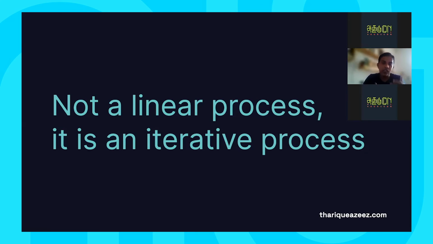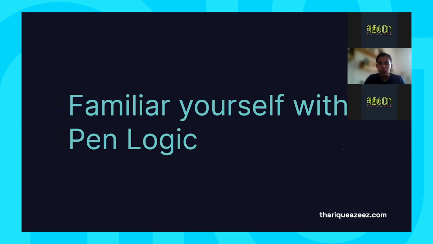It's iterative, you keep on making progress and so on. And we will be able to see that when I demonstrate these things. Also, we need to understand this pen logic that we will see in the demonstration as well. That's cool.